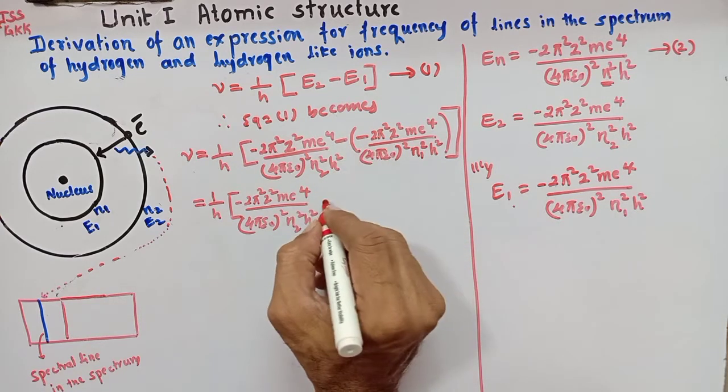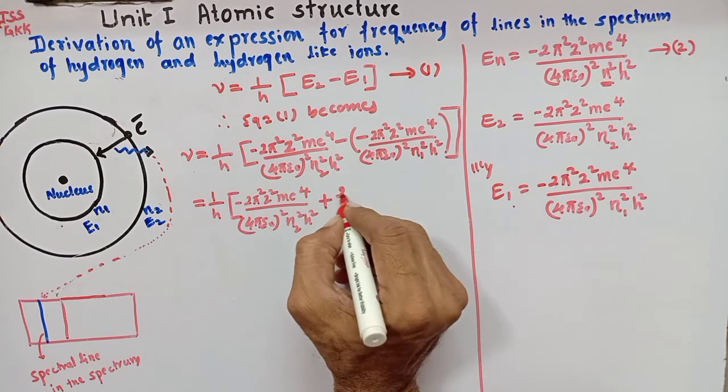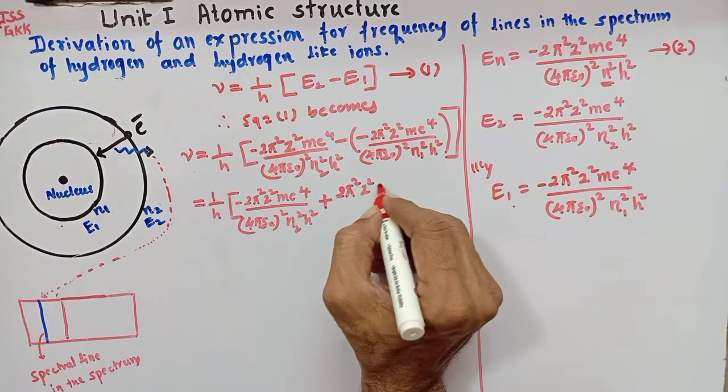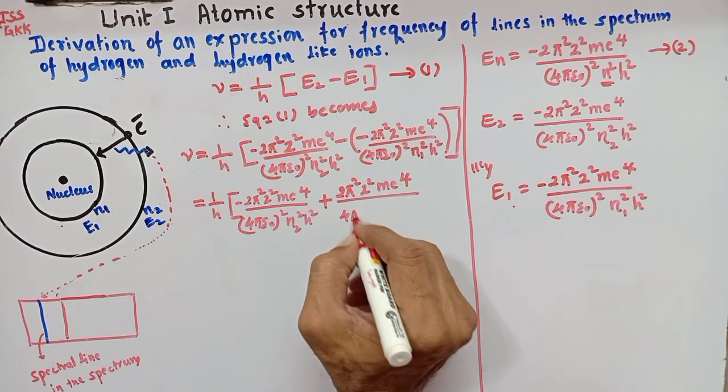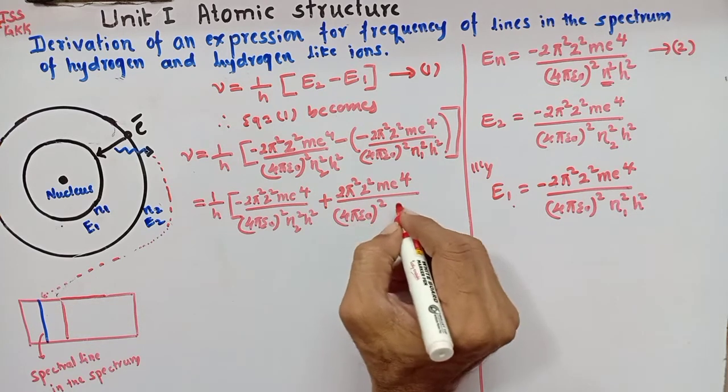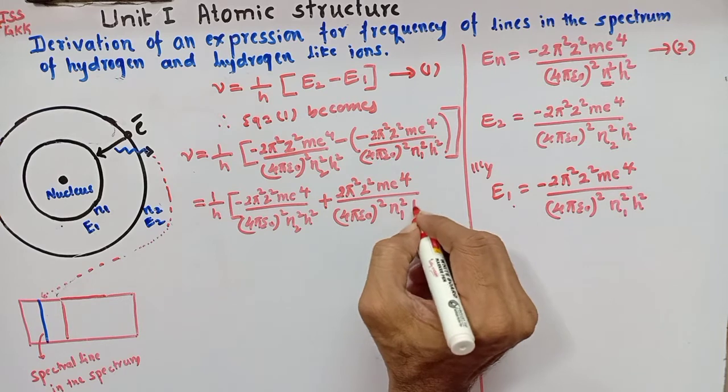Here, minus of minus will become plus, that means +2π²Z²me⁴/((4πε₀)²n1²h²).